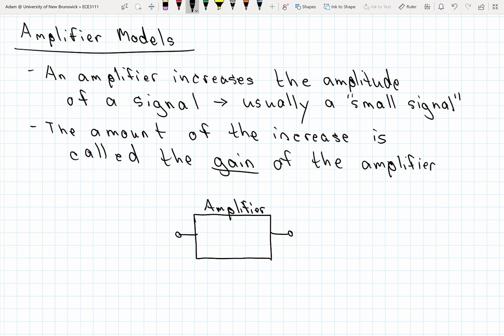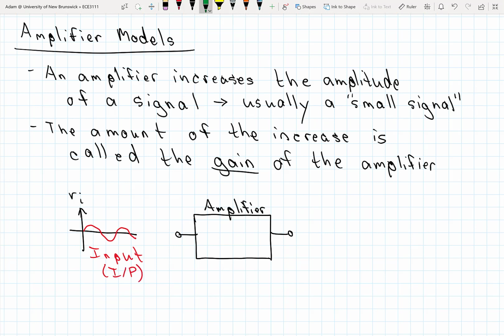Okay, and if we apply a signal at the input, let's call that input signal VI. Right, and let's just assume for now maybe it's a sinusoidal signal. Okay, so this is our input. Often we'll abbreviate this I/P.